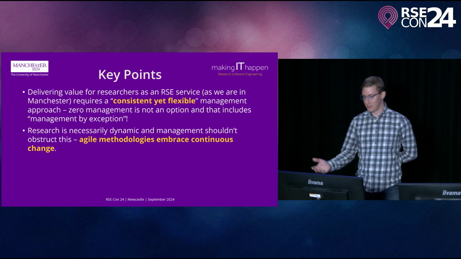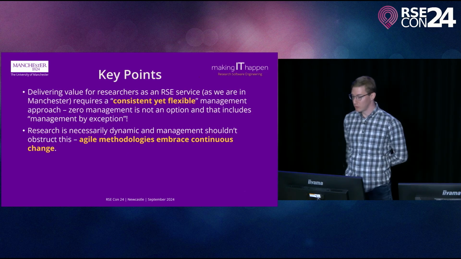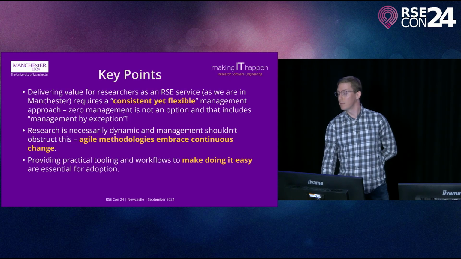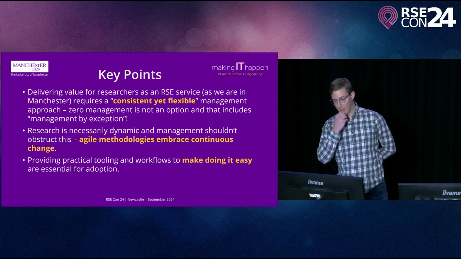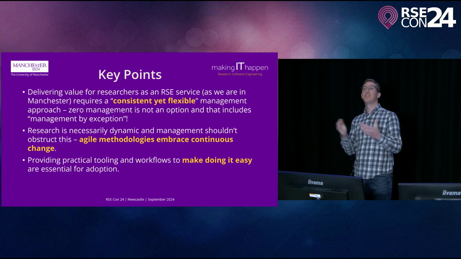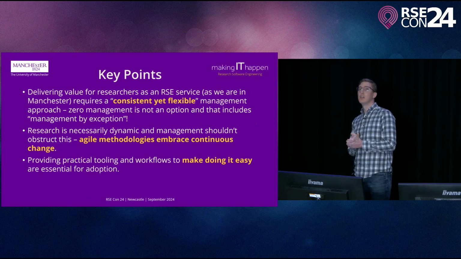So Agile methodologies embrace continuous change, and whatever approach that you choose needs to be dynamic and not obstruct that process. And of course, the best way you can achieve a positive outcome from changing a process like this is to make doing it easy for people. Don't make it seem like an overhead. Don't make it hard.